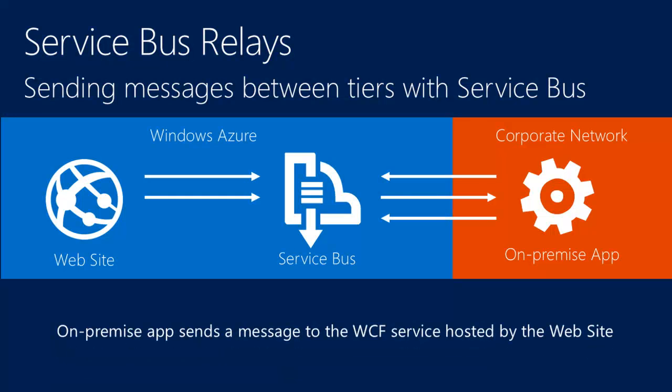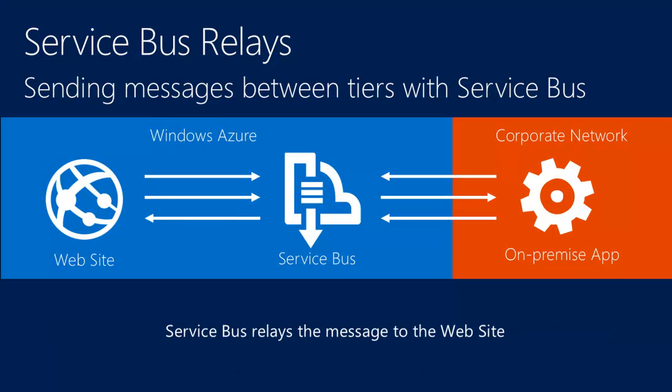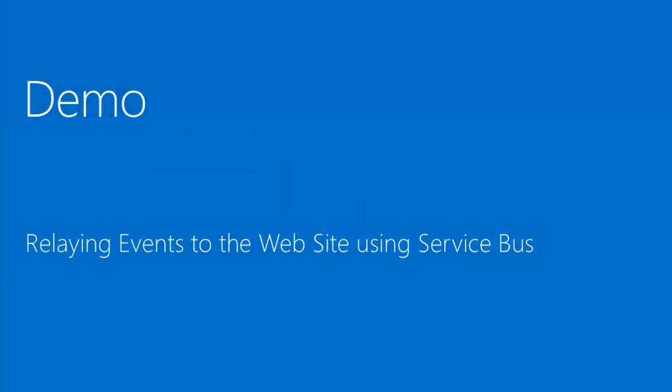It's going to send a message back up to the service bus, and that message is then going to be relayed back over to the website. You kind of see what this does here? You don't have to worry about writing an exe or a service or something like that to host your WCF service. You can host your WCF service as a service bus relay. Okay? And that's when we get really powerful.